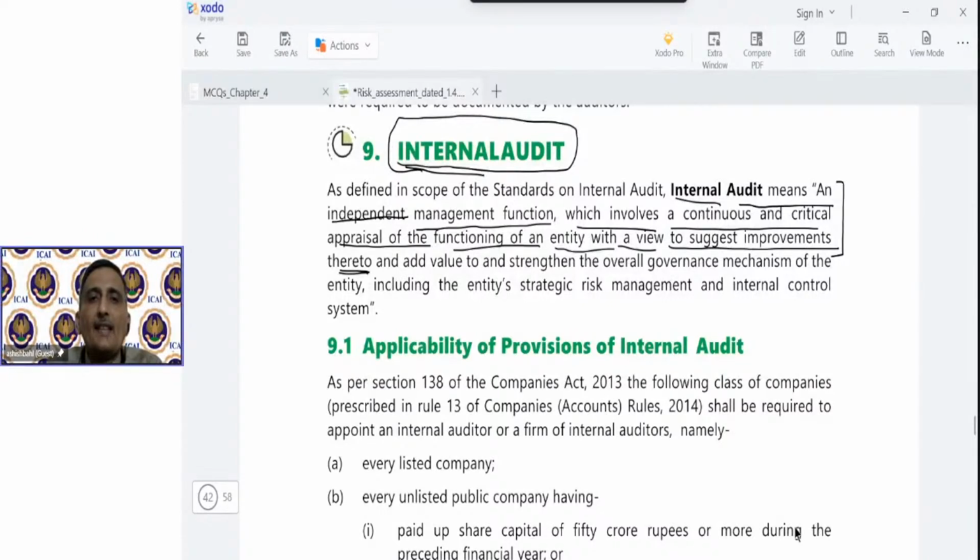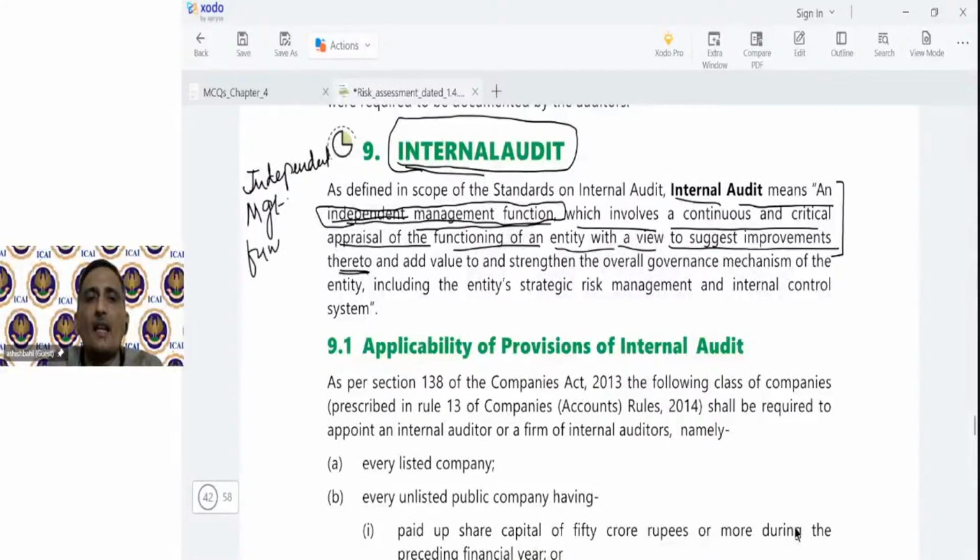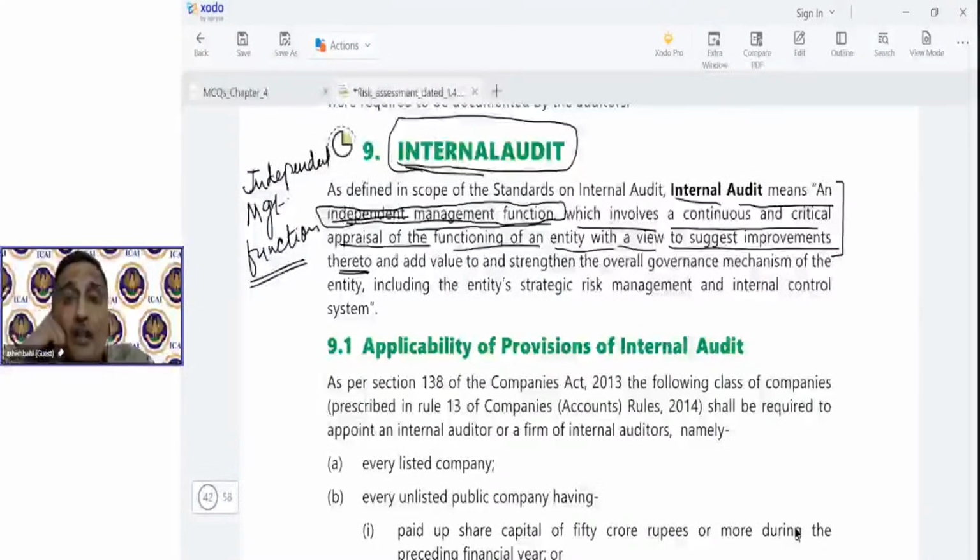So it is an independent management function. So many of you would be wondering how it can be an independent management function. If internal audit is a management function, then how can it be independent? Many of you already know that an internal auditor can be an employee of the firm also. Then how can it be an independent function?